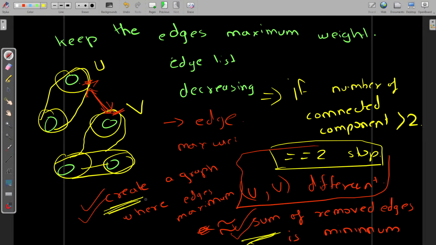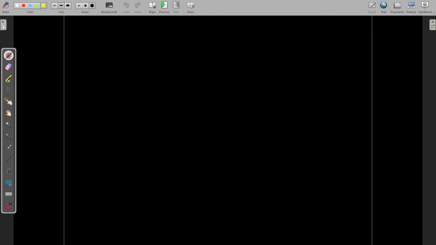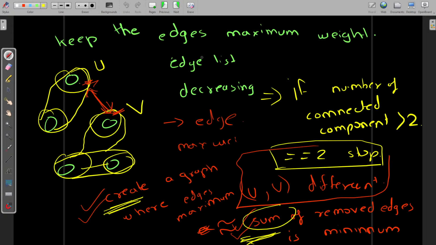If you solve this problem, then the other problem is automatically solved, and we can just output this particular thing. So our solution would be, as we saw over here: first, take the edge list, then sort them in decreasing order. And while this condition is not satisfied, you can just keep on adding the edge to our graph. So that is our solution.